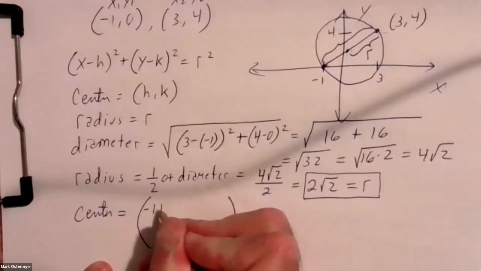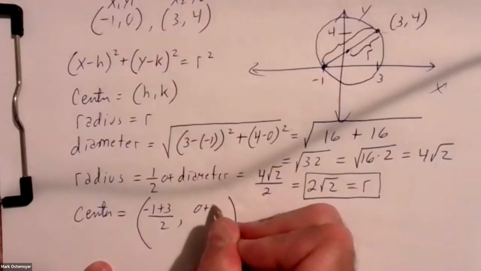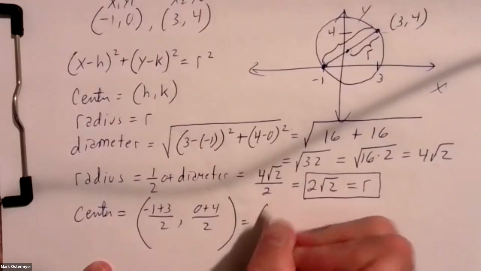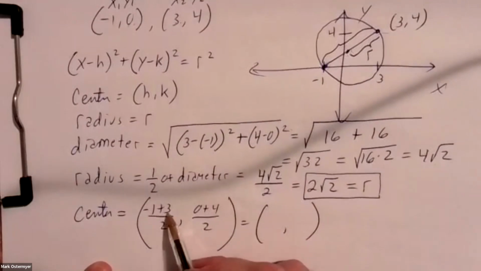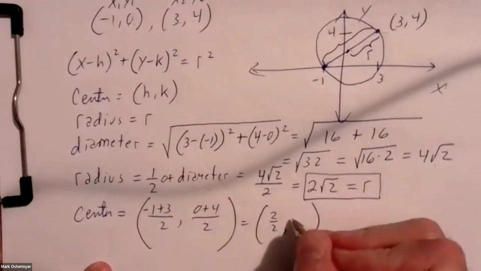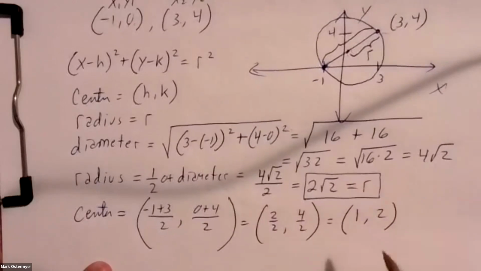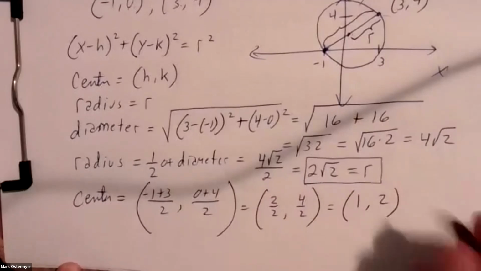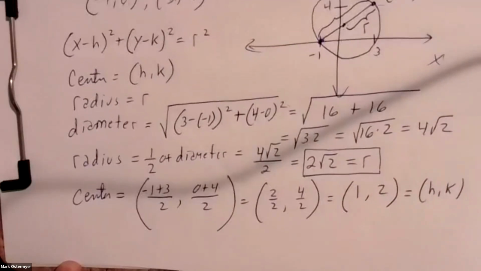That's negative 1 plus 3 divided by 2, and 0 plus 4 divided by 2. So this is going to be 2 over 2, and this is going to be 4 over 2. So our center point is going to be (1, 2). That's what (h, k) is.